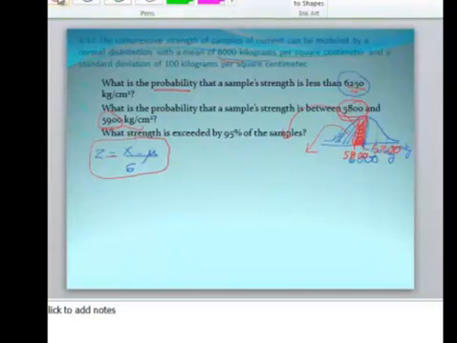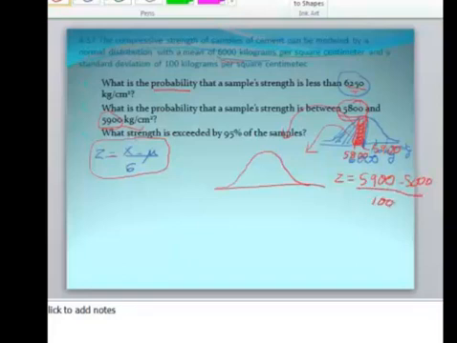Okay, here we go. Our new z for the first is 5,900 minus 6,000 over 100. So what did you get for a z-score? Minus 1. Yeah, we're now back on the appropriate planet.